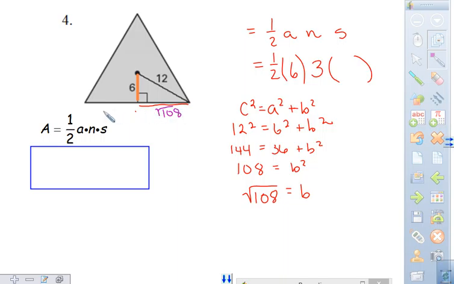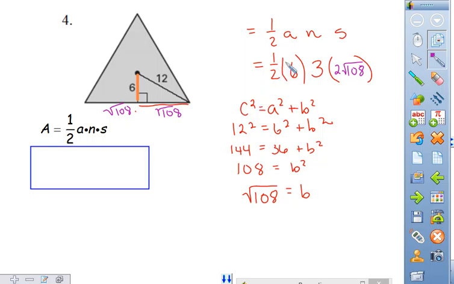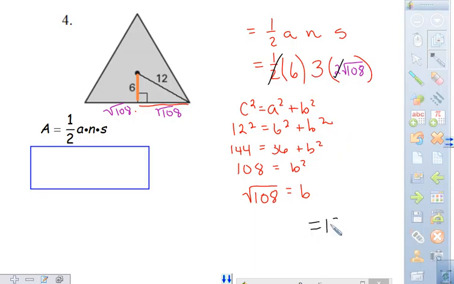And I actually have 2 of those, so I could just write this as 2 roots of 108. Then I'm working on simplifying that piece. Well, 1/2 and 2 cancel each other out. 6 times 3 is 18 roots of 108.